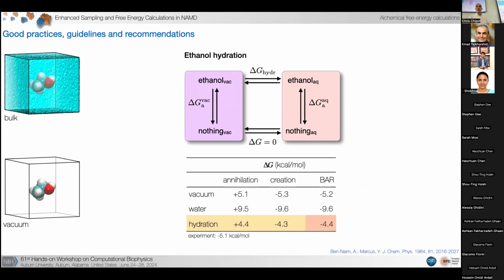Keep in mind that we're dealing with a non-polarizable force field. We're ignoring induction effects. The force field is not perfect. I mean, it's not bad. We are within chemical accuracy, within kT from experiment. But that's the kind of number that you should expect.